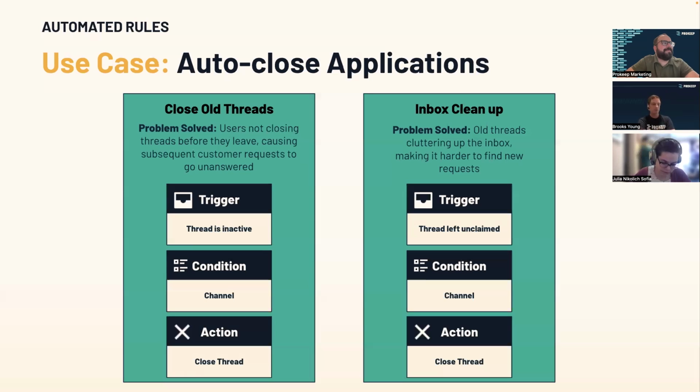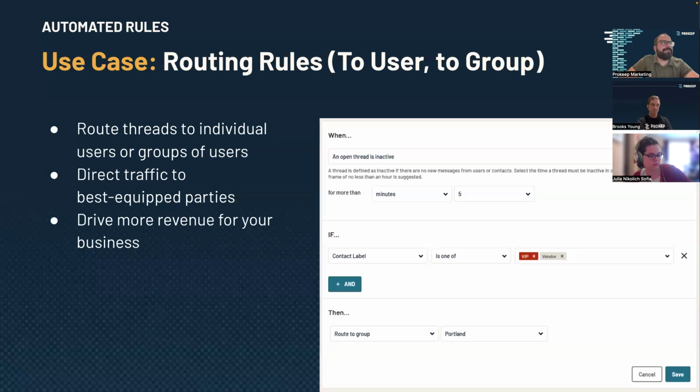Maybe they're in the warehouse picking some boxes, helping that team out, and they leave their desk and forget to close anything out. Sometimes they definitely have messages that come back in for another request or something like that, and unfortunately these go unanswered. So this auto close for these older threads closes them to make sure it's something they need to take care of immediately.